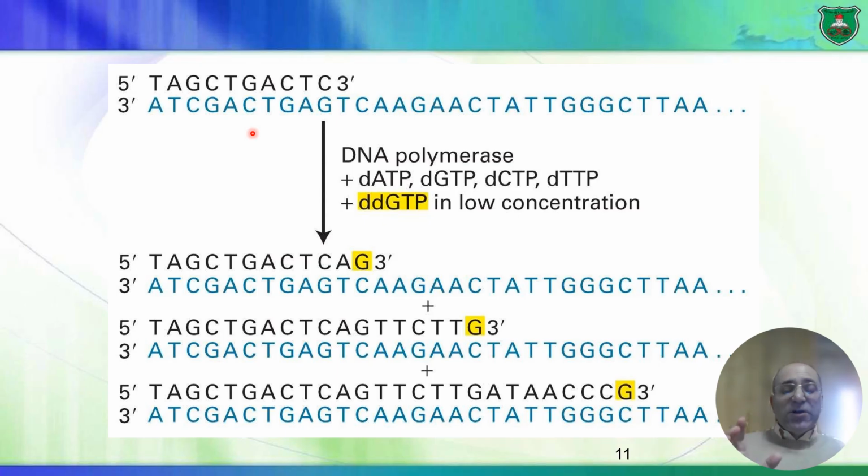I'm talking about large numbers of molecules of everything. Of the template, primers, enzymes, substrates, and dideoxy G, except that the dideoxy G is added at lower concentration than the regular substrates. So let's say that we have 1,000 templates having primers hybridized to them.